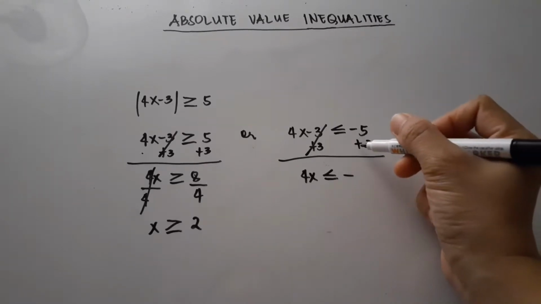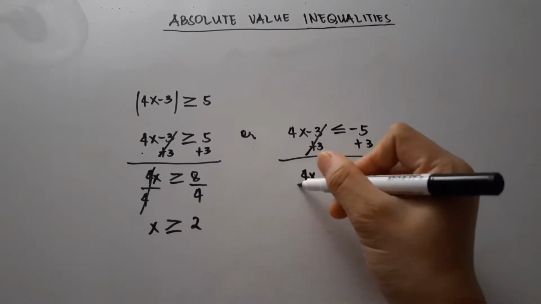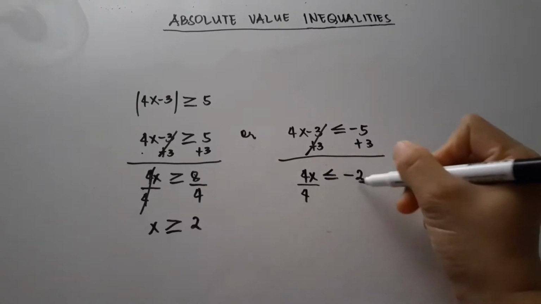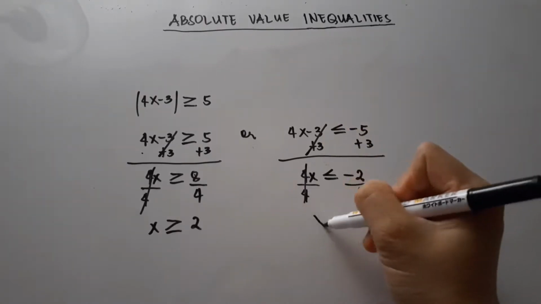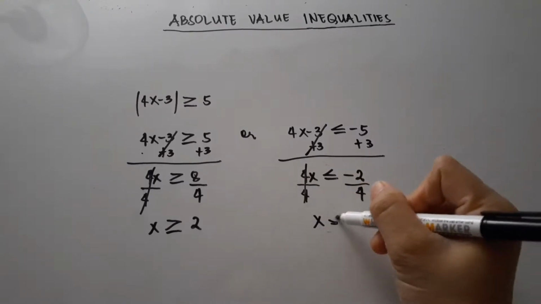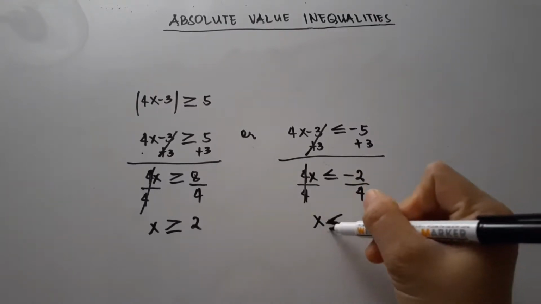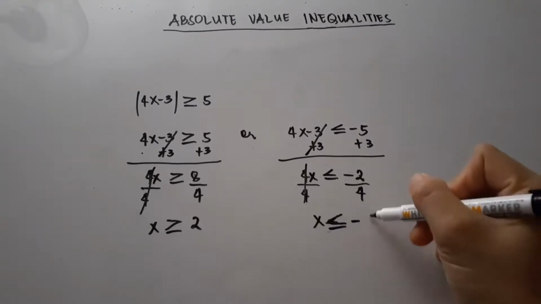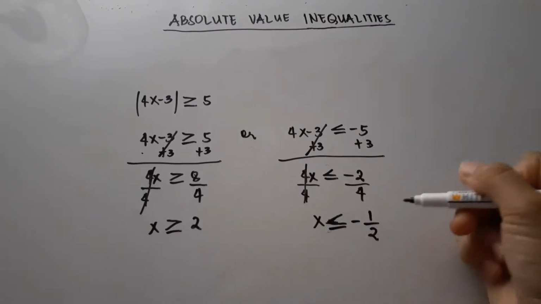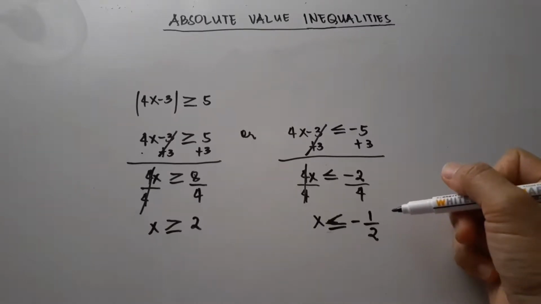Then 5 minus 3 is 2, which becomes negative because the larger value is negative, so we have negative 2. The value of x is less than or equal to negative 2/4, or negative 1/2.